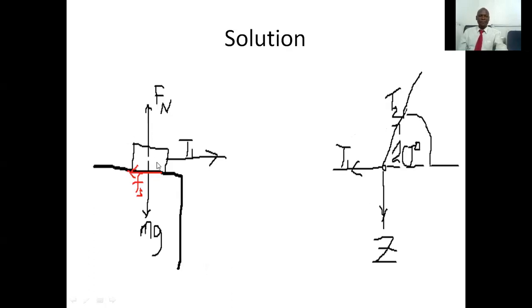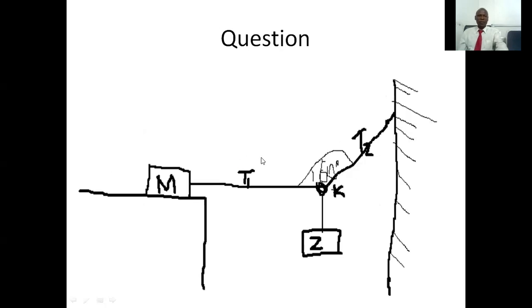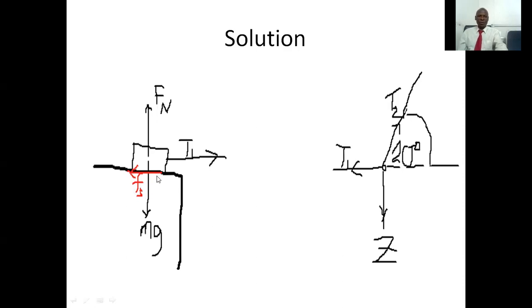First of all, we deal with system M. This book has two forces, Fn, which is the normal force, and mg, which is the weight of the book. Then there is another force, since the tension T1 is pulling to knot K. There is also friction, Fs, which is static friction.